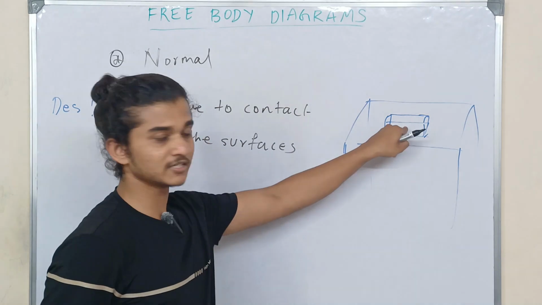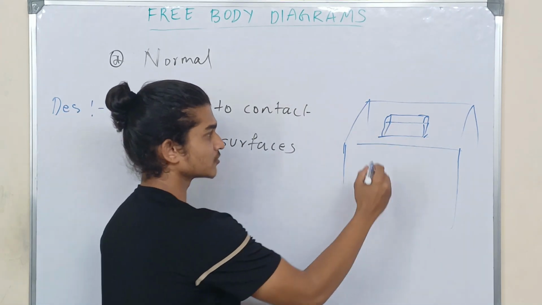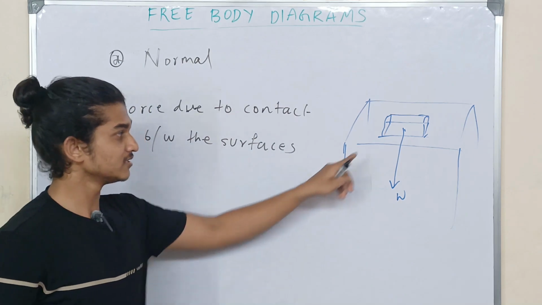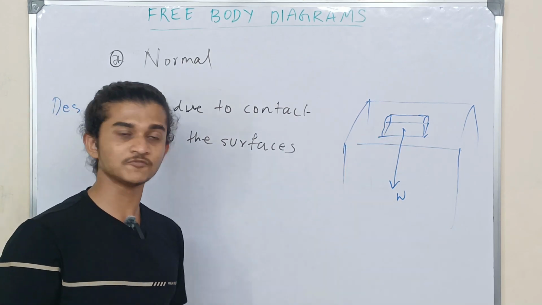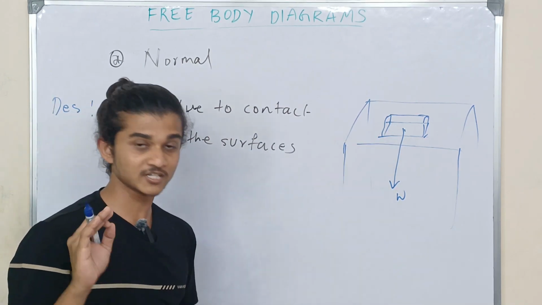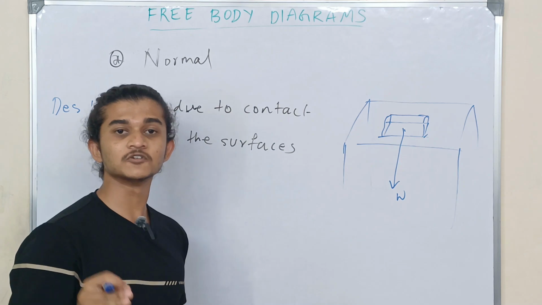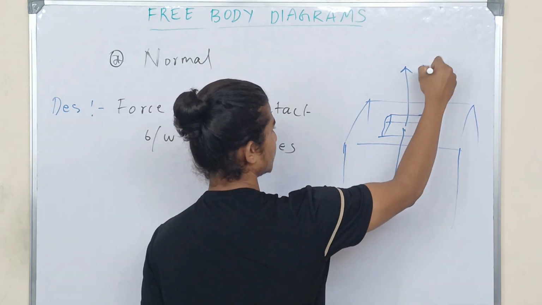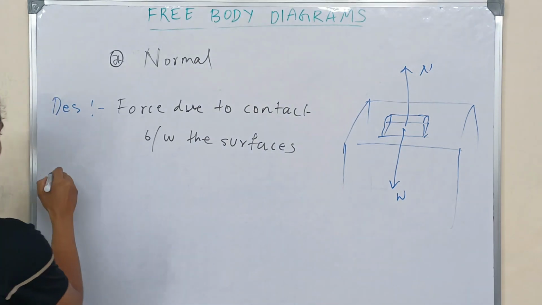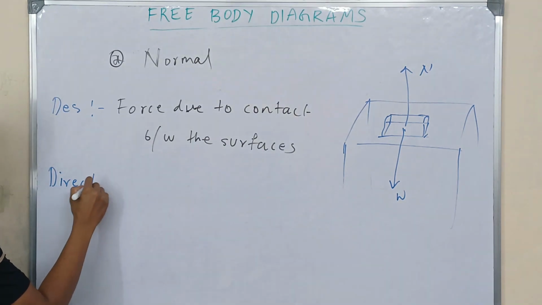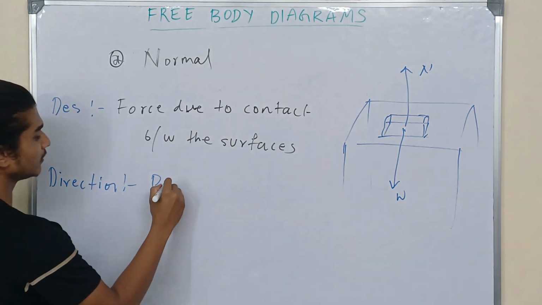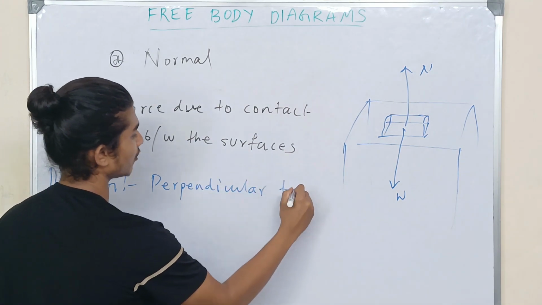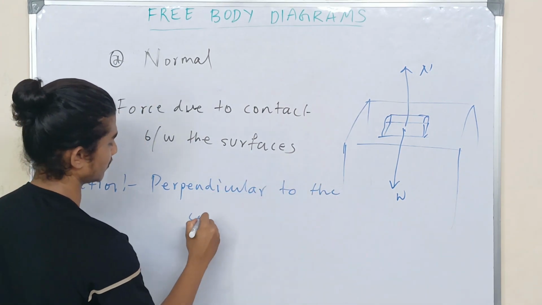Now this book is supposed to fall if the only force acting on it is gravity, which is weight. Since the book is not falling, there is an opposing force acting on this book, which is keeping it stationary, and that force is nothing but normal reaction. Remember that the direction of normal reaction will always be perpendicular to the contact surface.